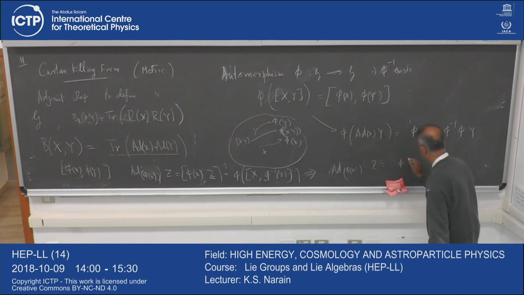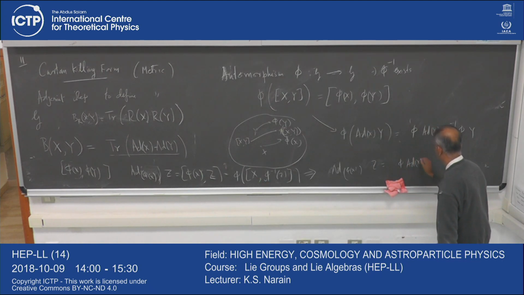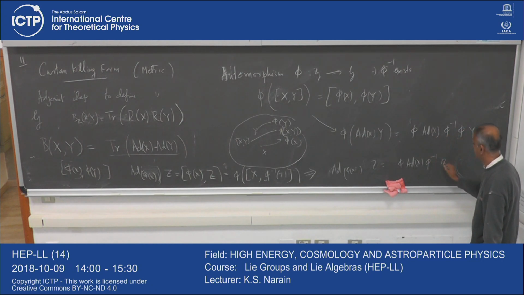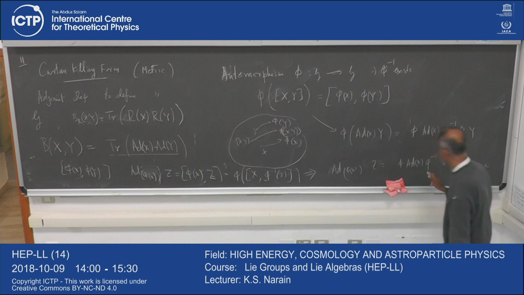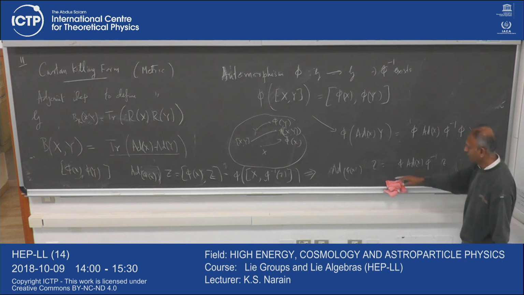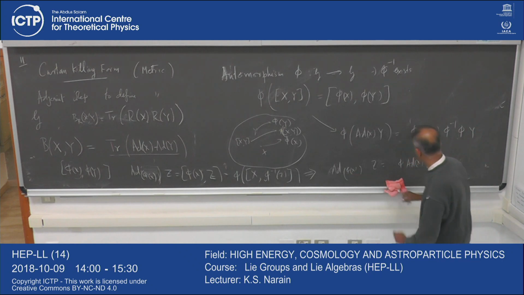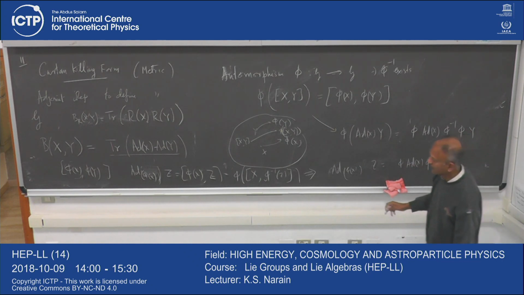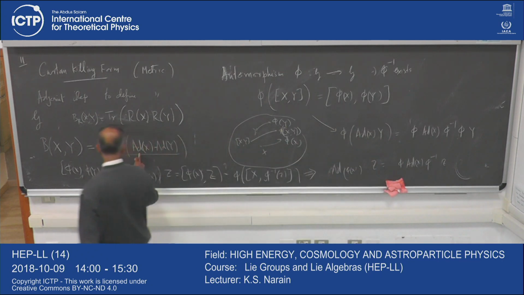This is nothing else but phi of ad x acting on phi inverse z, right? So that's what it is saying. So therefore we see that ad phi x is nothing else but phi ad x phi inverse, because this z is arbitrary. This is true for all z.